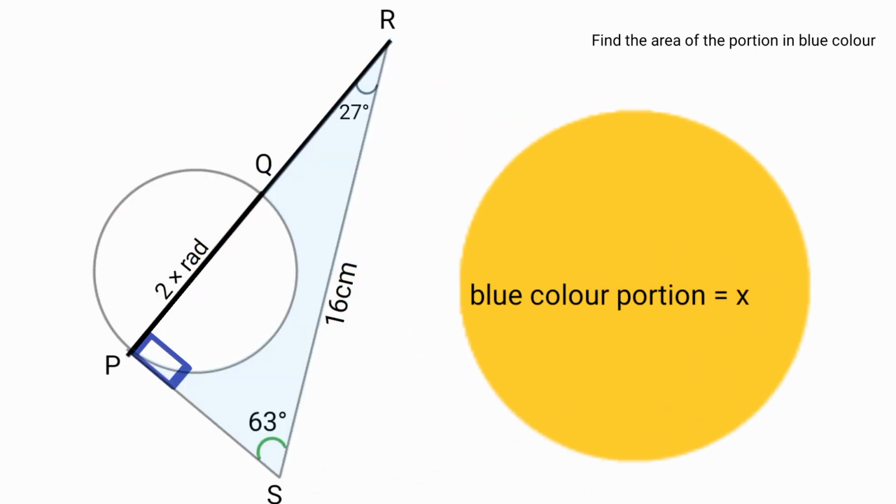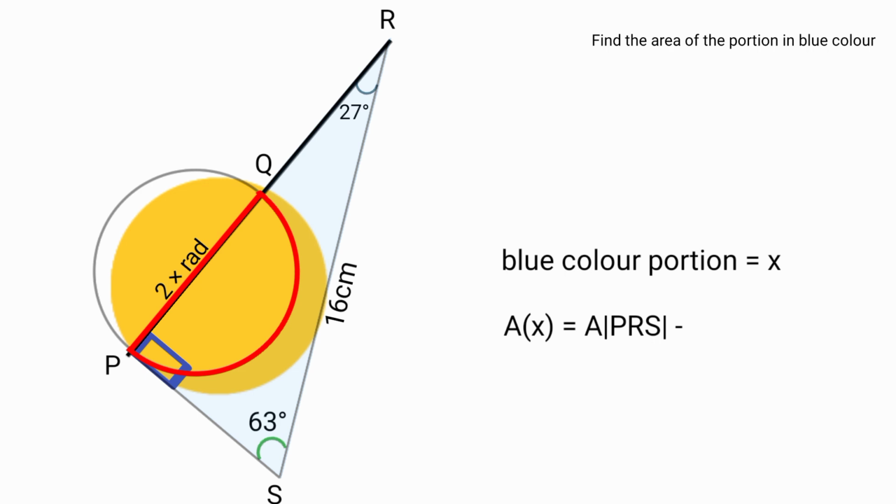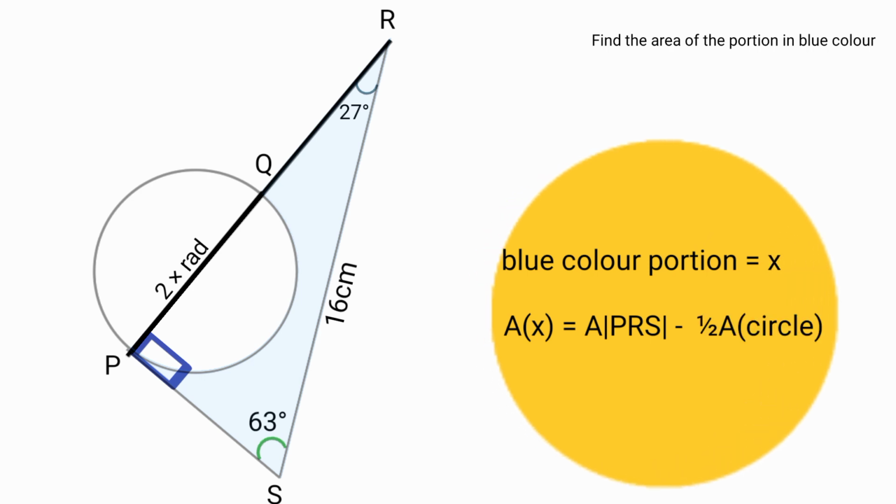So we can let the portion in blue be equal to X and form an equation: area of X equals area of triangle PRS minus the area of this portion, which is a semicircle of this circle, and the area of the semicircle is half the area of the circle. So area of X now equals area of PRS minus half the area of the circle.